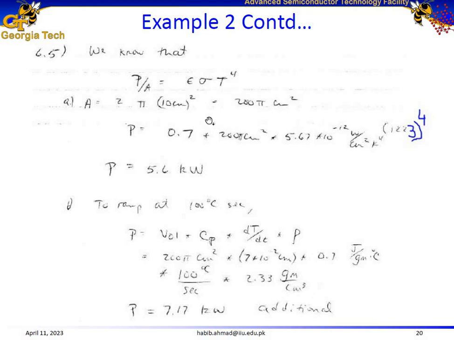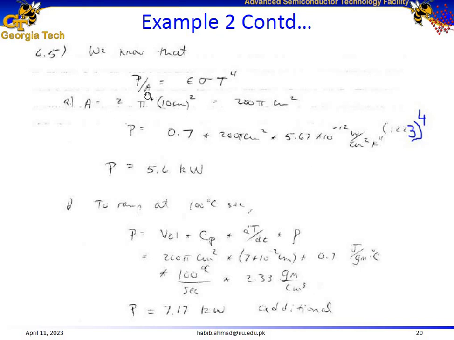First calculate the area. The diameter is 200 millimeter, so the radius becomes 100 millimeter or 10 centimeter. Area is equal to pi into 10 centimeter square, so this becomes 100 pi. Over here you see, I think they have calculated 200 pi, but it actually becomes 100 pi. 10 square into pi, 100 pi.